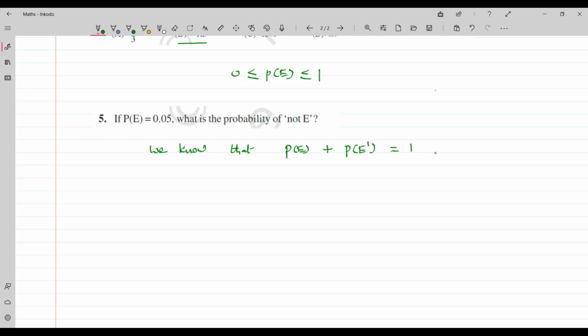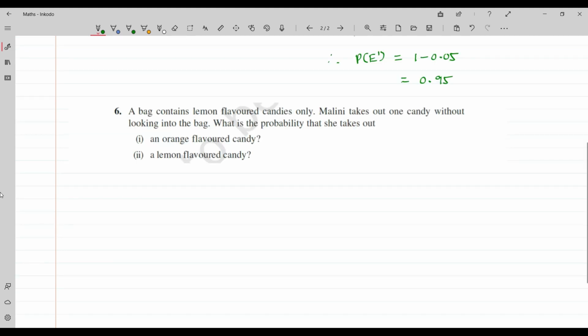Here, given P of E equals 0.05, that's why I am writing here 0.05 plus P of E dash is equal to 1. Therefore, P of E dash is equal to 1 minus 0.05, that will be equal to 0.95. Now let us solve question number 6.